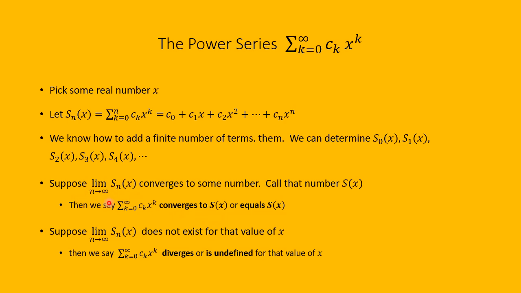In that case, we can say that this power series converges to s of x, or we can say this power series equals s of x. If that limit of the s sub n of x's, the partial sums, does not exist as n goes to infinity for that value of x, then we'll say that that infinite series diverges or is undefined for that value of x.